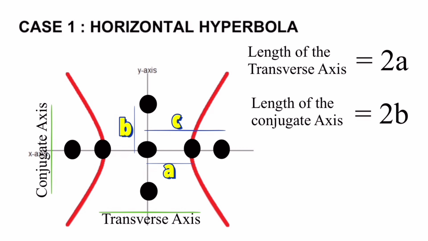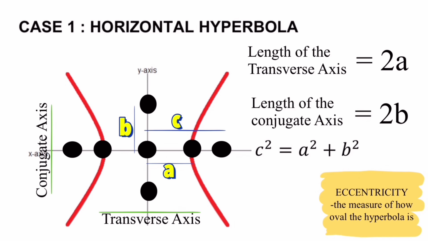Now, the equation that relates these three lengths, a, b, and c, is c squared equals a squared plus b squared. We also have another quantity called eccentricity. Eccentricity is defined as the measure of how oval the hyperbola is. The formula for eccentricity is c over a. We remember that eccentricity for a hyperbola is always greater than 1.